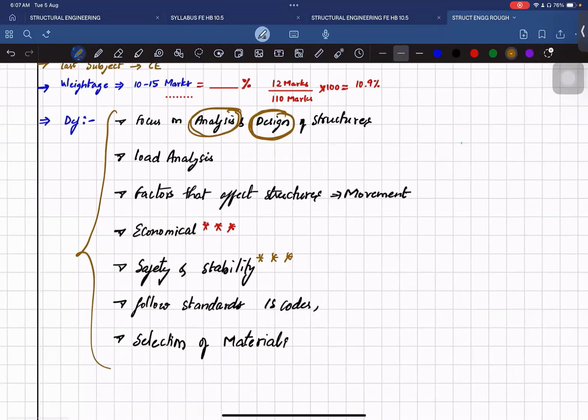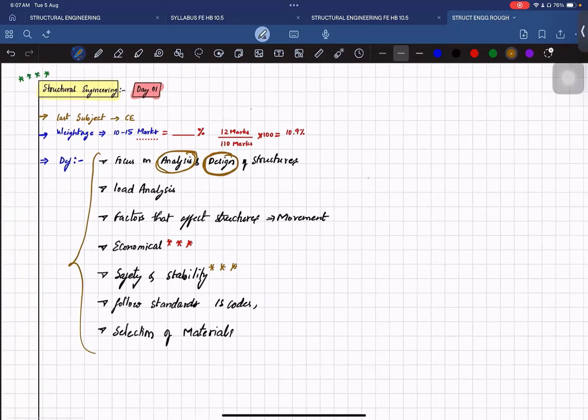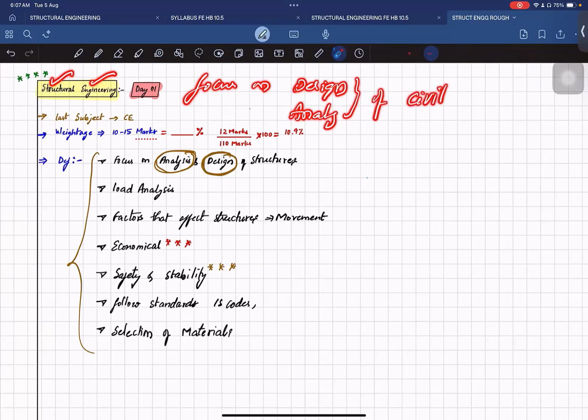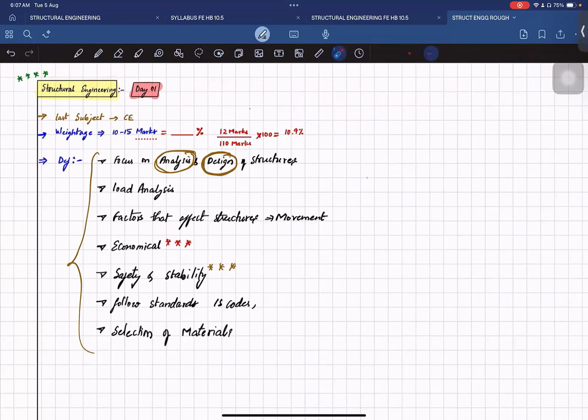Different. So basically, structural engineering focuses on the design and analysis of civil engineering structures or any structures to resist external loads so that they will be stable, strong, and durable.